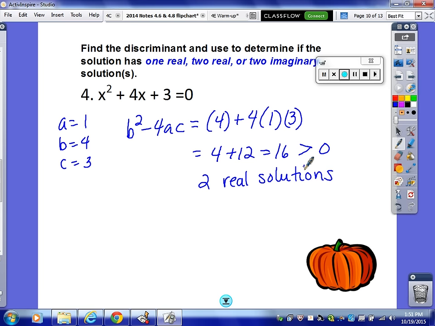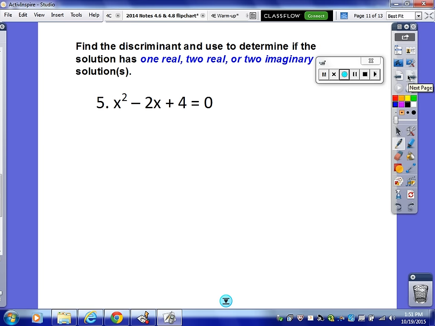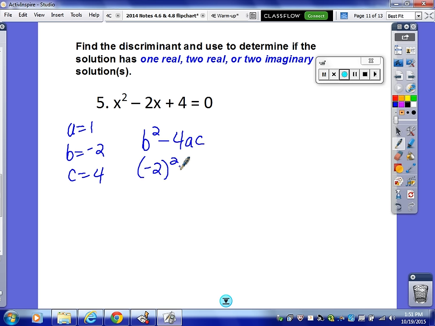Okay, moving on. Let's look at another one. Here again, this is already in standard form, so I now just need my A, my B, and my C for my discriminant. Let's plug in. Negative 2 squared minus 4 times 1 times 4. That's 4 minus 16, which is negative 12.